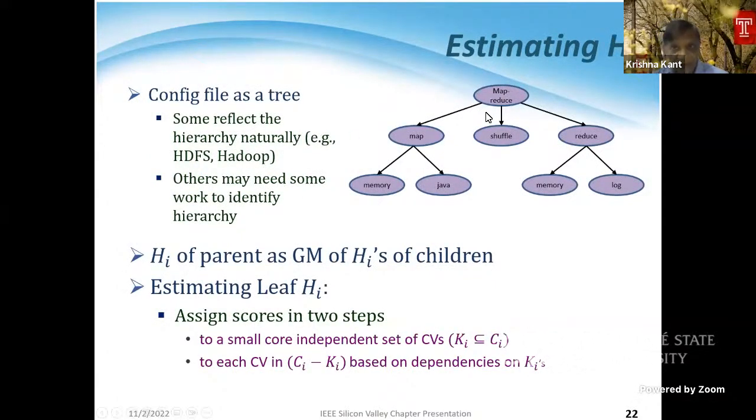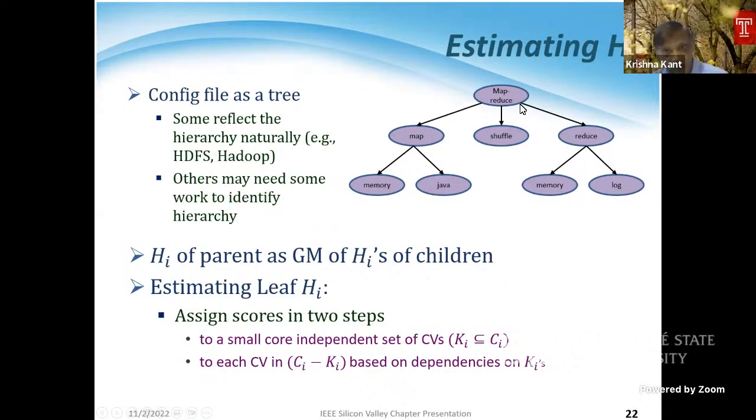Okay, so how do we estimate this health index? Basically, we can represent a configuration in the form of a tree, particularly if the configuration is well represented using some hierarchical way of doing things, such as an XML object kind of notation. For example, HDFS and Hadoop have that kind of notation.